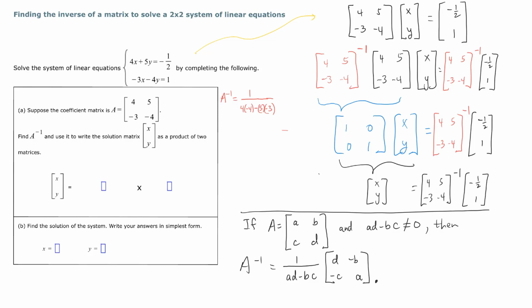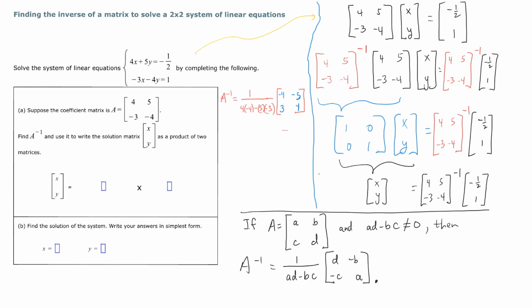Now what we're going to do is switch the A and the D positions. So I'm going to switch negative 4 and 4, and we're going to negate negative 5 and negate negative 3, so that will become positive 3.